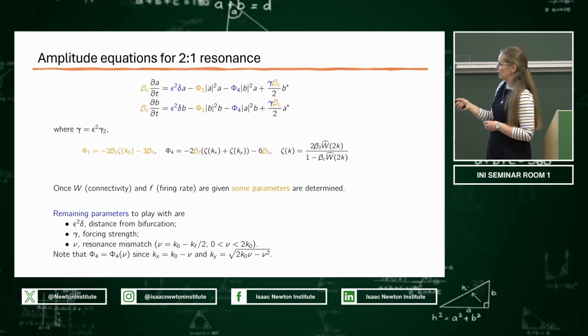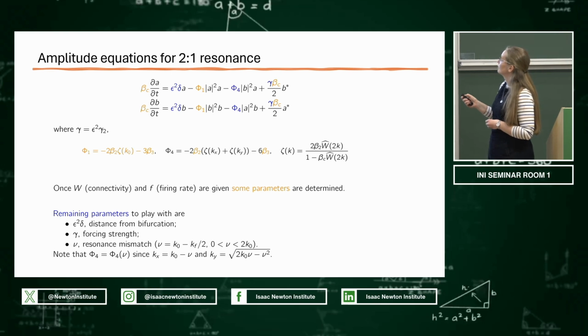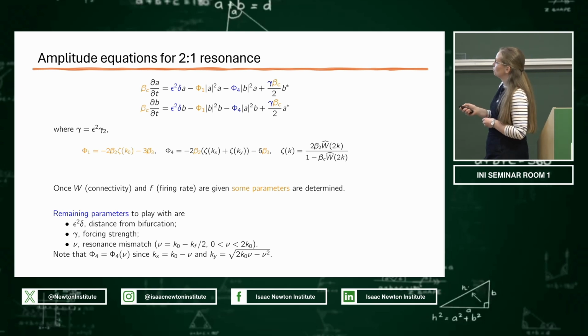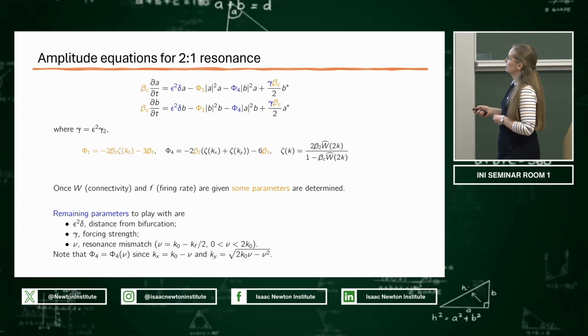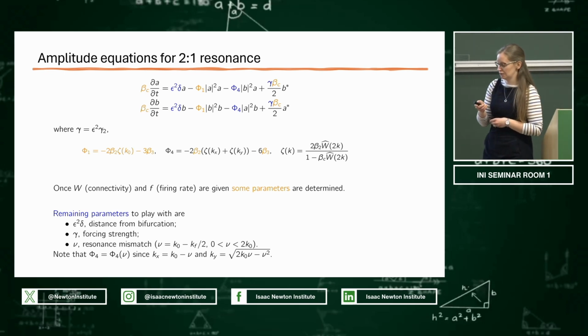The remaining parameters are the distance from the bifurcation, epsilon squared delta, the forcing strength, which is gamma, and the resonance mismatch, which occurs inside phi 4, because kx and ky depend on this new resonance mismatch.